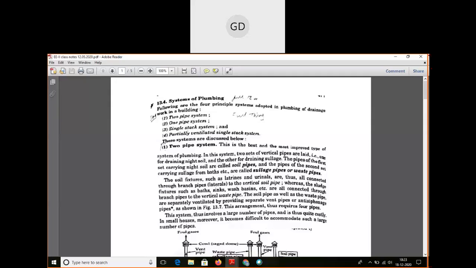Night soil and sullage terms I have already explained at the beginning, when we discussed wastewater treatment.